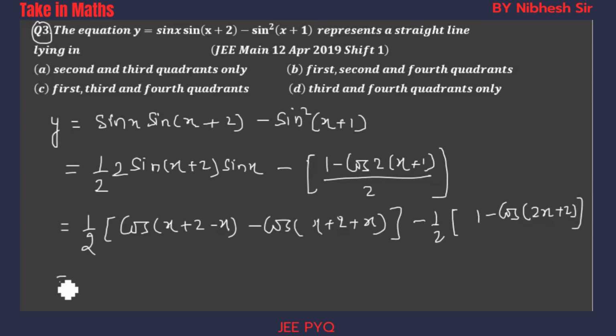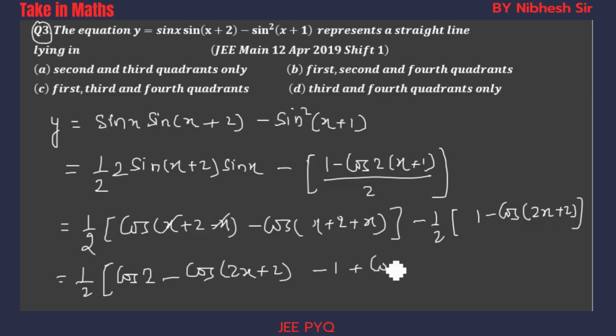Now I can take 1/2 common, so we have cos 2 minus cos(2x + 2) minus 1 plus cos(2x + 2). Okay, fine. So this cos(2x + 2) gets cancelled.